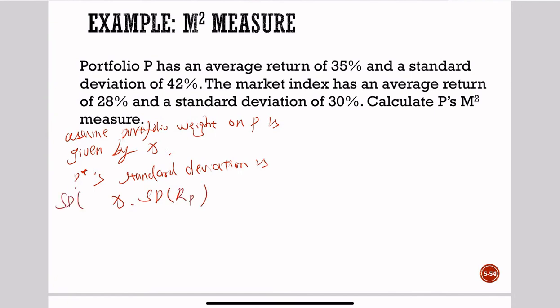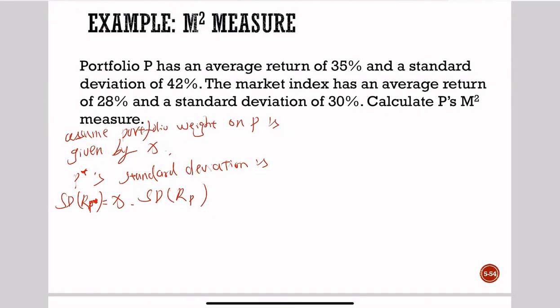So SD, that is the standard deviation of the portfolio P star's return equals X times the standard deviation of portfolio P. Again, this comes from the first lecture of Corporate Finance 2. So if you cannot remember this, well, go back to your Corporate Finance 2 lecture note.